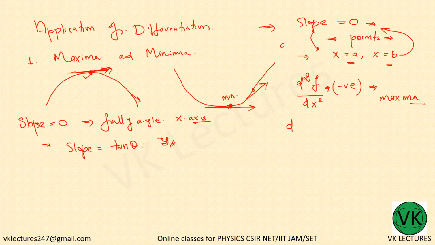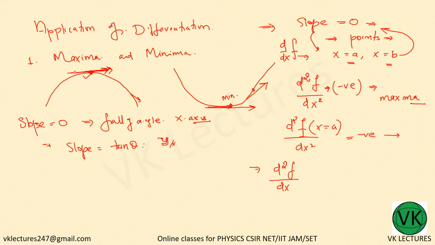Slope means d by dx of f. If you take the second derivative of f and put x equal to a, and you get a negative value, it is maxima. Similarly, if you take the second derivative of f at x equal to b, and you get a positive value, then this is minima. Okay, fine.